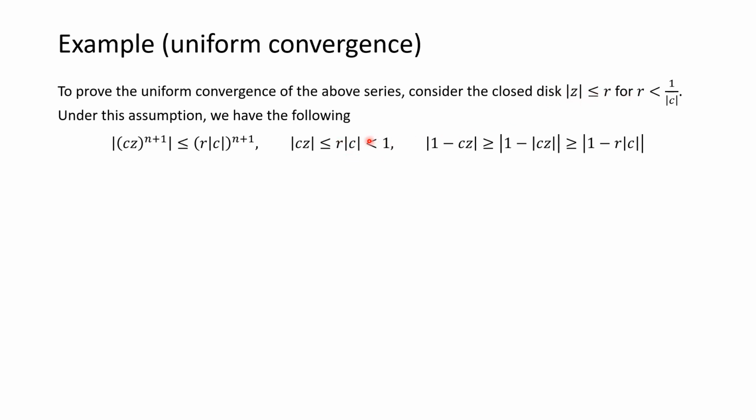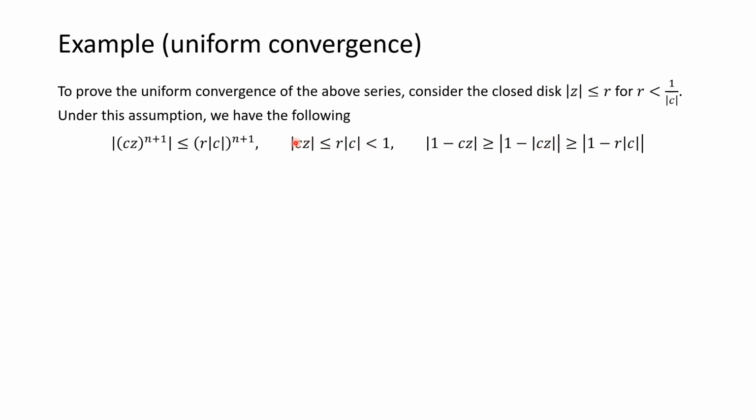And then the second inequality comes from just multiplying the c times the r. We get this here. Then this one here comes from the variation of the triangle inequality, which we did way back in one of the initial lessons. So 1 minus cz is greater than or equal to 1 minus the modulus of cz.